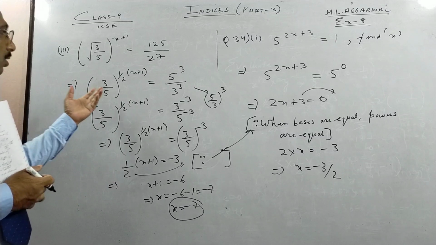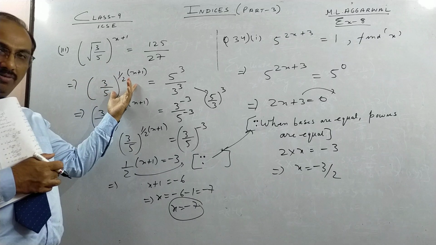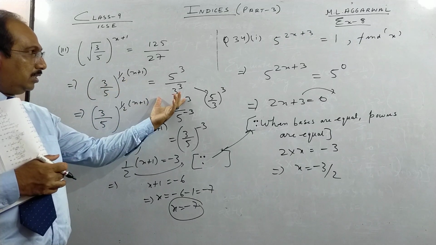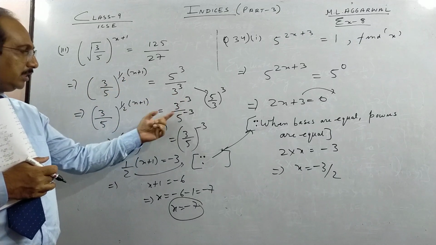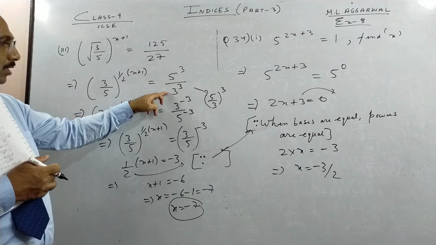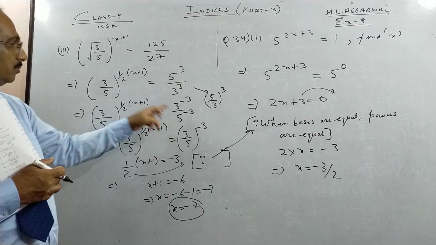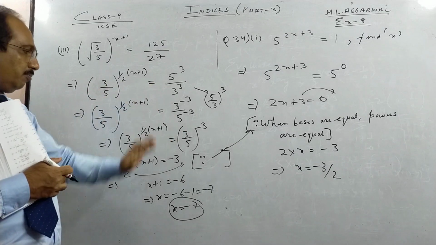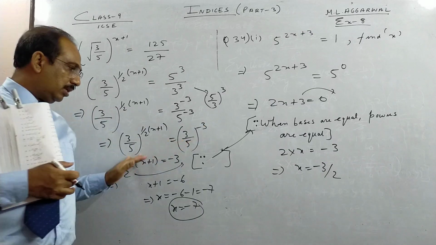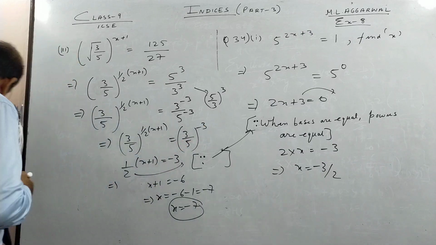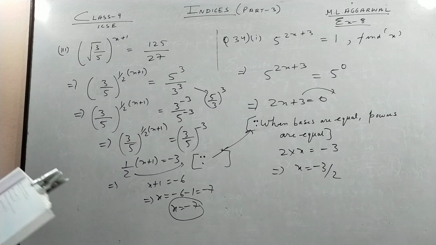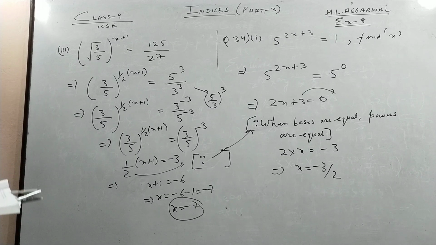Once more, root means power half, first trick. And second, we interchange the numerator and denominator, and the power becomes minus, because this is 3 by 5, this is 5 by 3. Then when bases are equal, we equate the power and solve for x.